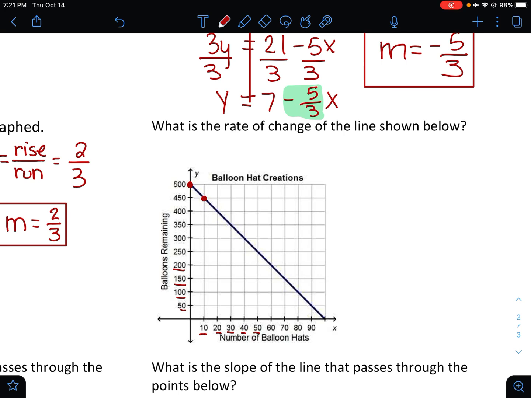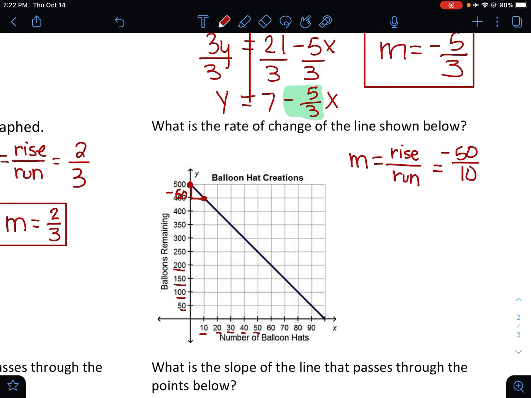In this case, my rise is going down, which makes it negative. Remember, we're going by 50s and it only went down 1. So we went down a negative 50. My rise over my run: my rise was a negative 50 because it went down 50, and it runs over 1, which happens to be 10.